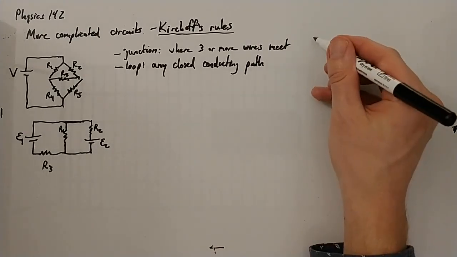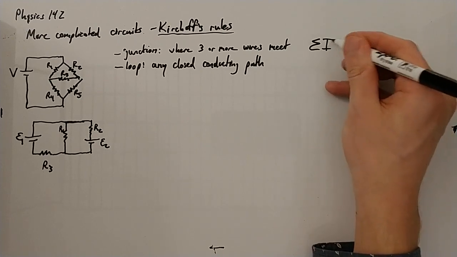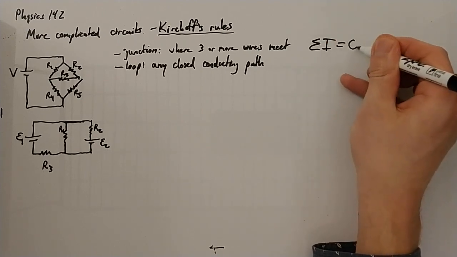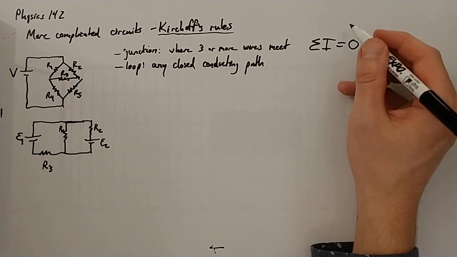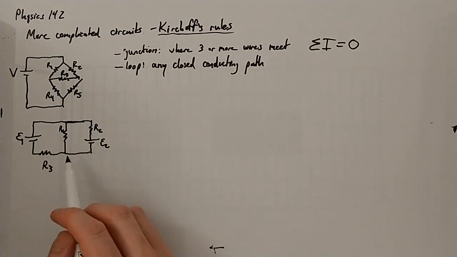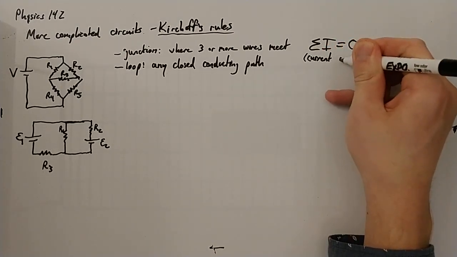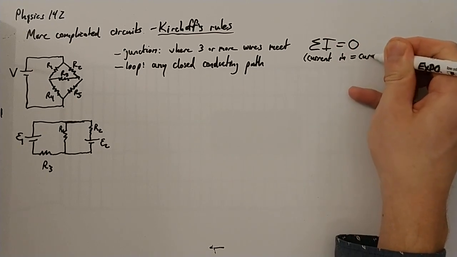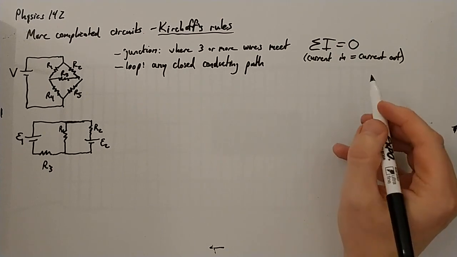Maybe another way of saying it is that current in equals current out. So current in is current out.